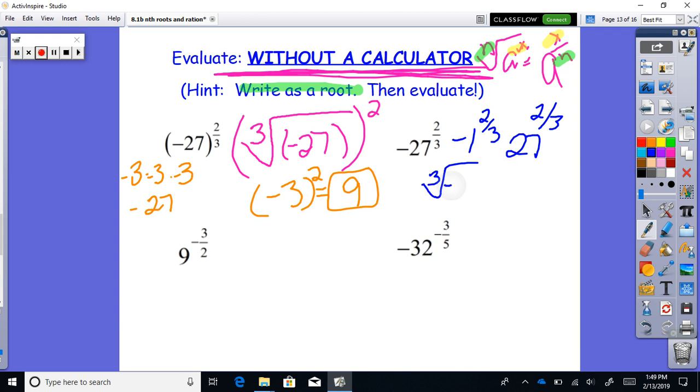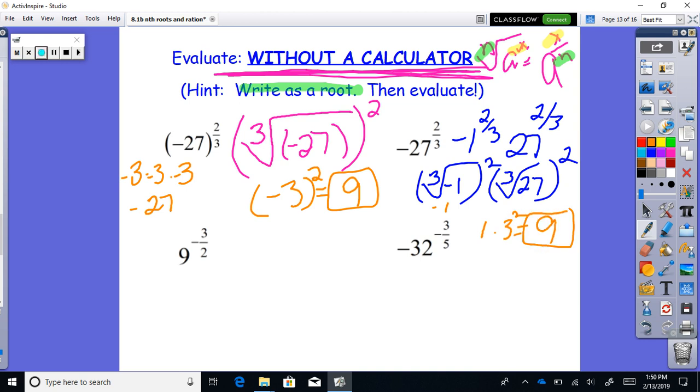So this is the cubed root of negative 1 squared. Oh yeah, our answer was positive. And then the cubed root of 27 squared. Negative 1 squared is 1, and 3 squared is 9. You still get 9. But the difference between with the parentheses and without the parentheses.